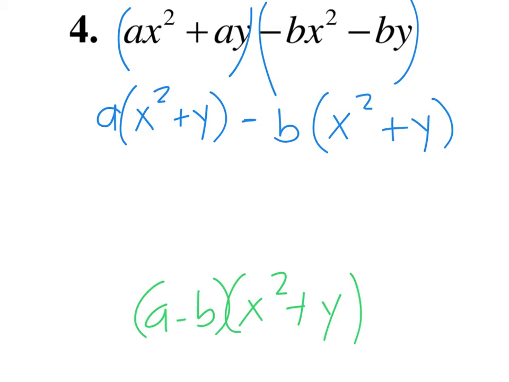So now my parentheses match, which means the grouping was successful. And now then I just write down the terms that were in front of the shared parentheses, which is a and a negative b. And then I write down the matching set of parentheses, x squared plus y.